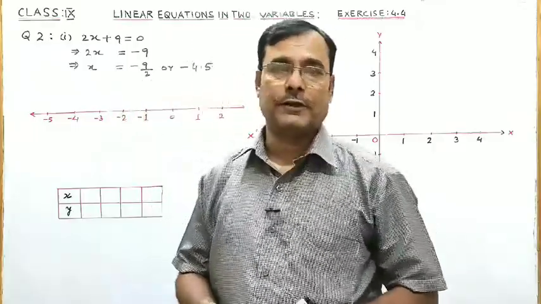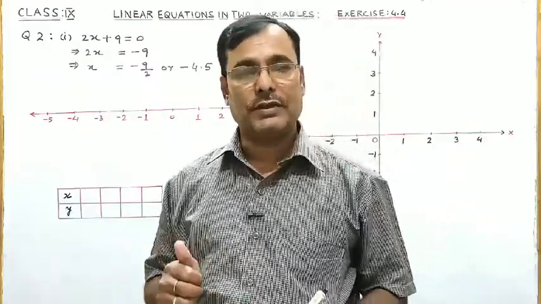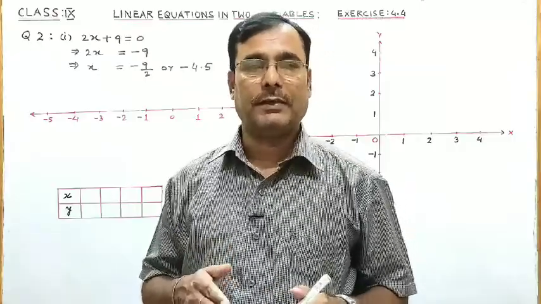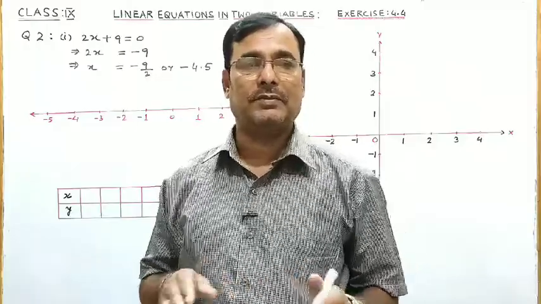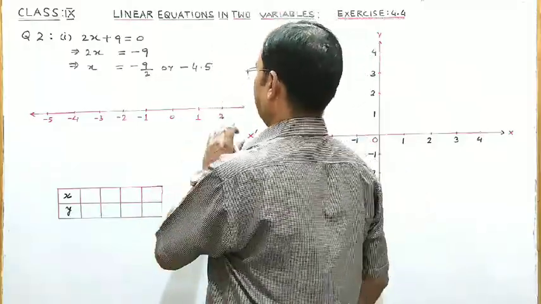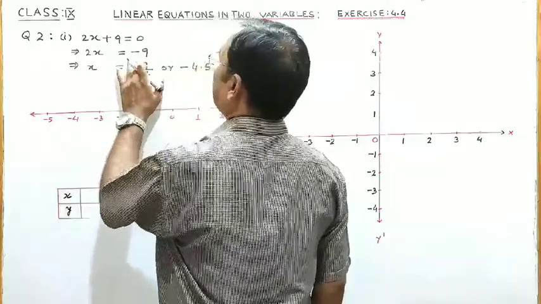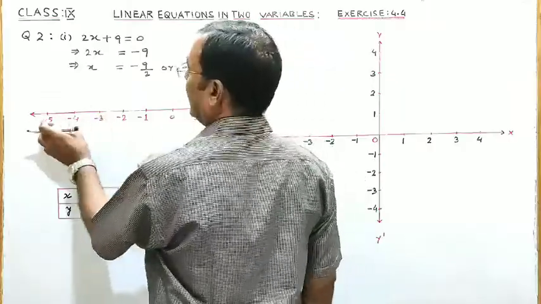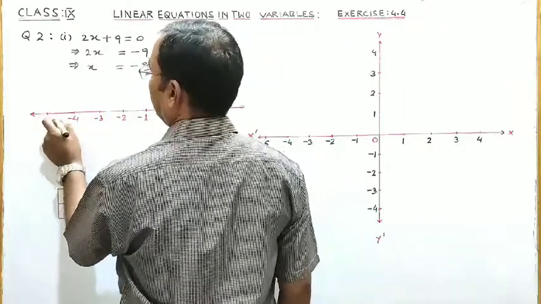This unique solution is a point on the number line. So this unique solution minus 4.5 or minus 9 by 2 can be represented on a number line like this. See this number line, this minus 9 by 2 or minus 4.5 lies between minus 4 and minus 5.